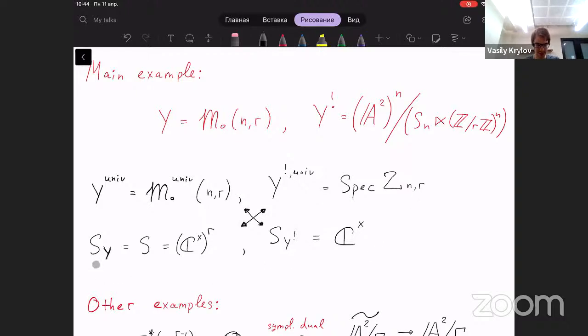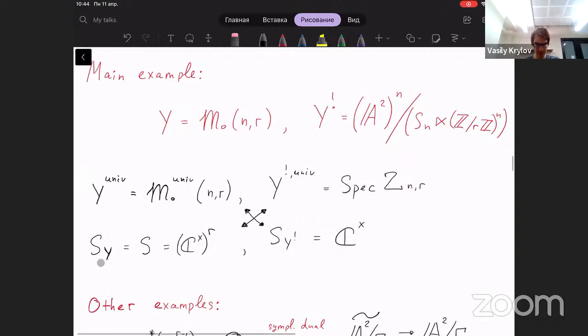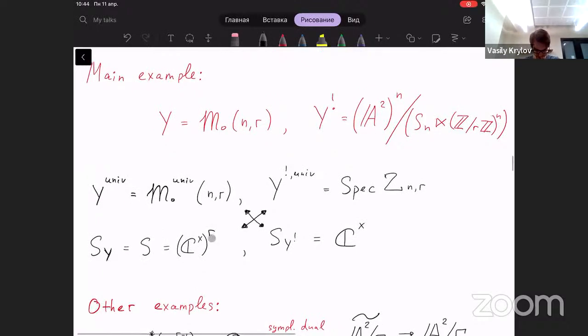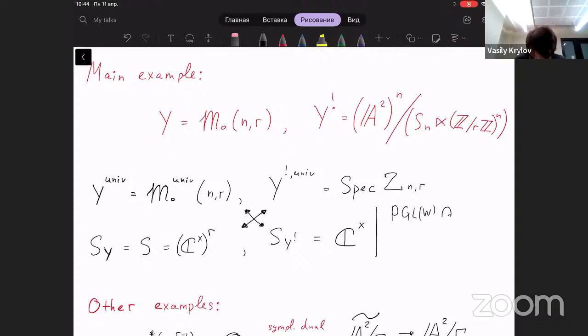And the torus which acts on the left-hand side, on S_Y, I denoted by S, this is just (C^×)^r. And this (C^×)^r acts, let me briefly say. We have a natural action of PGL(W) on this M_0(n, r), and we can consider (C^×)^{r-1} here.